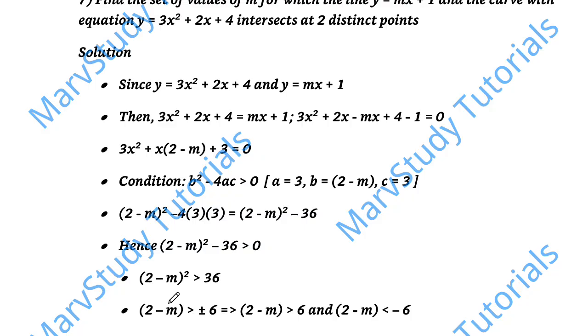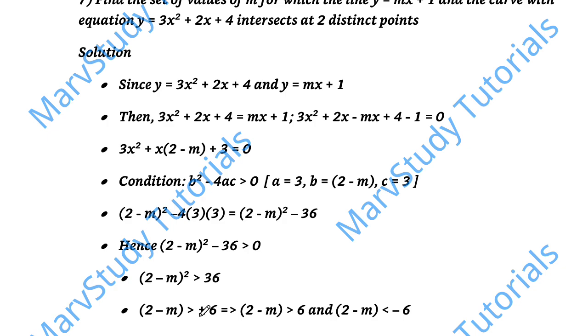Because if we should state the numbers that are less than negative 6, numbers less than negative 6 are negative 7, negative 8, negative 9. And if we should square negative 7, right, that is going to give us 49, which is actually greater than 36.